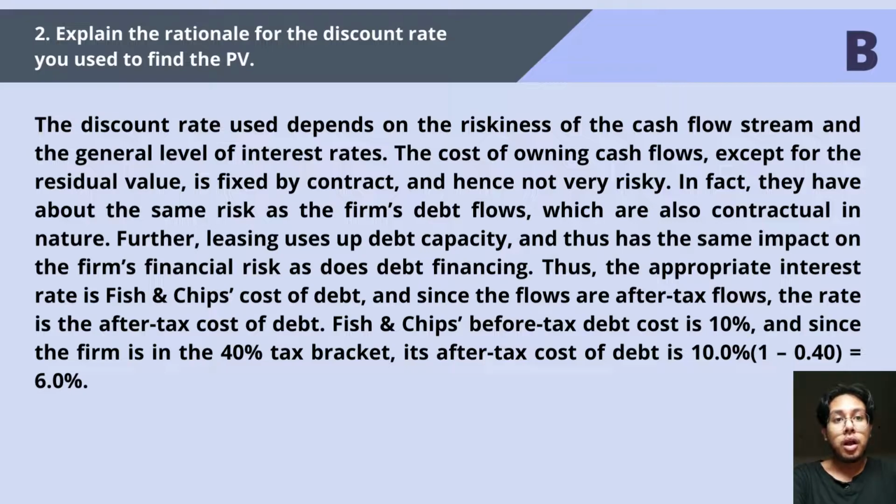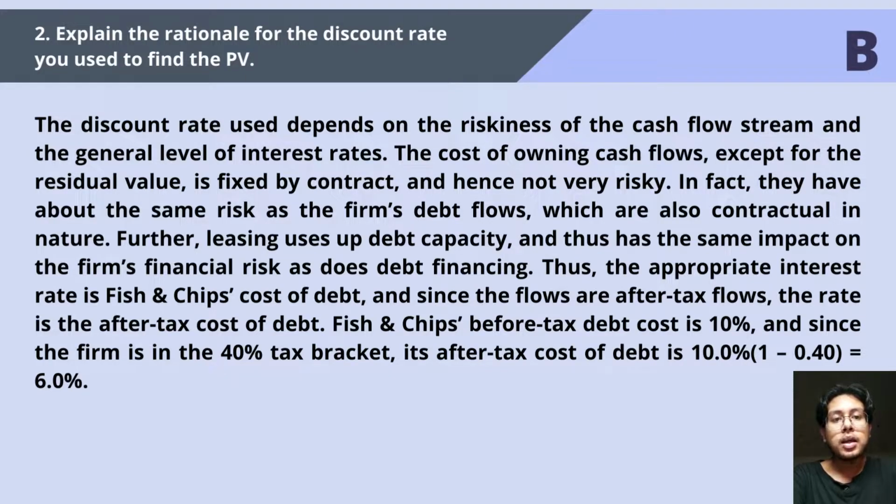We proceed to question B2. Explain the rationale for the discount rate used to find the present value. The discount rate used depends on the riskiness of the cash flow stream and the general level of interest rates. The cost of owning cash flows, except for the residual value, is fixed by contract and hence not very risky.